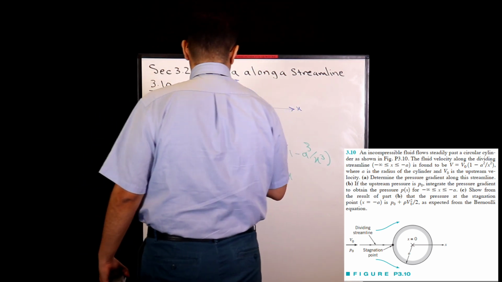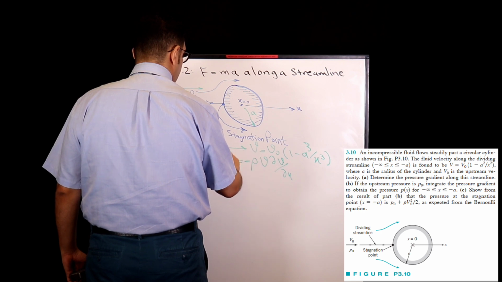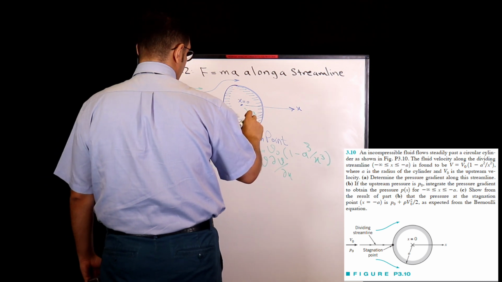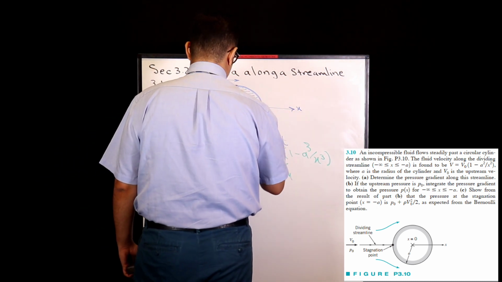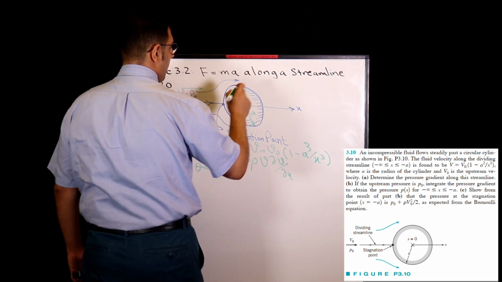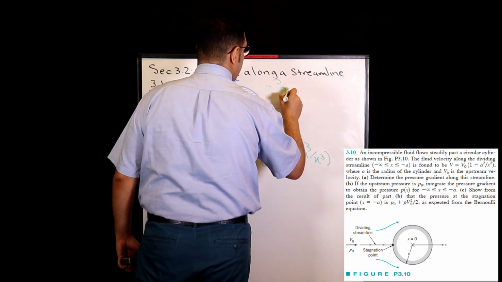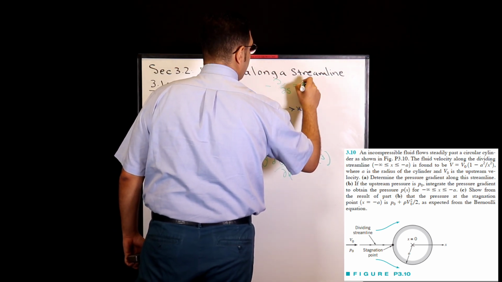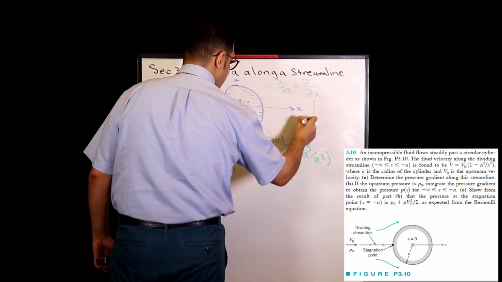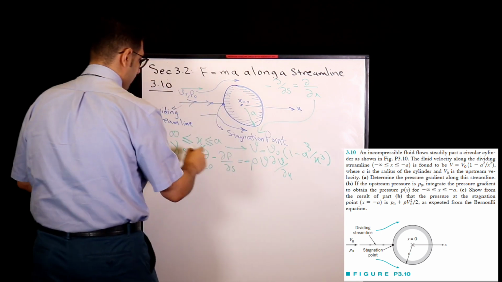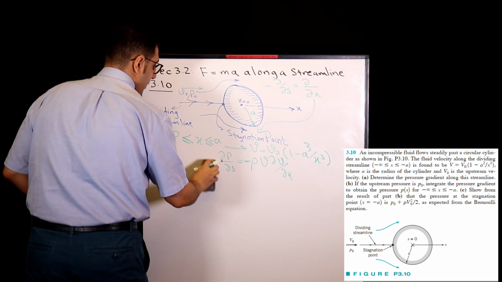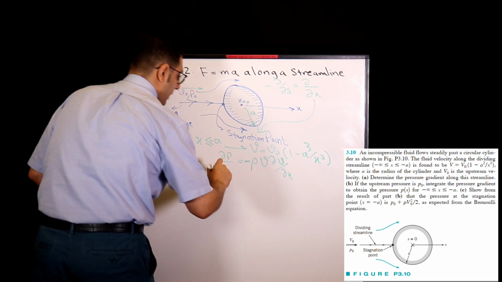Moreover, we have our coordinates as well. Here we have s, so minus rho ∂V/∂s is equal to rho ∂V/∂x. If we substitute it here, we're going to have it as this.